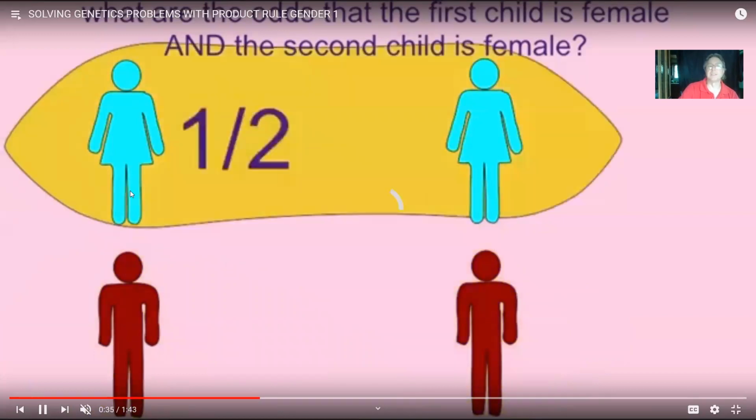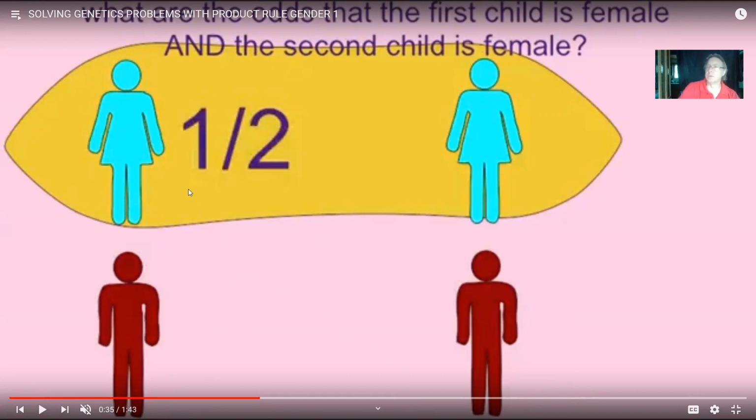But if you were to ask, what are the odds of having a daughter as your first child and a daughter as your second child? So notice that they're independent events, that the gender of the second child is not affected by the gender of the first. And I'm using the word and. What are the odds that the first child is female and the second child is female?